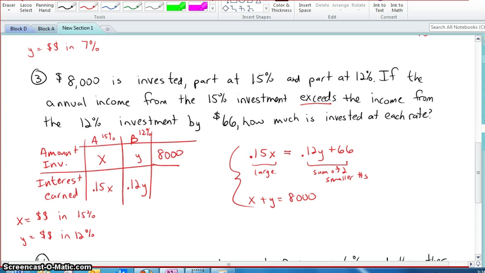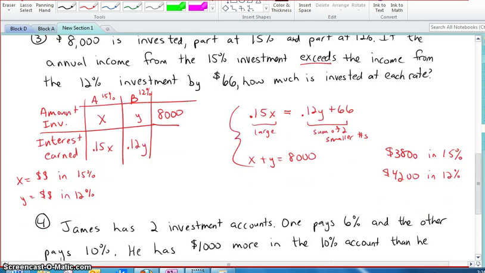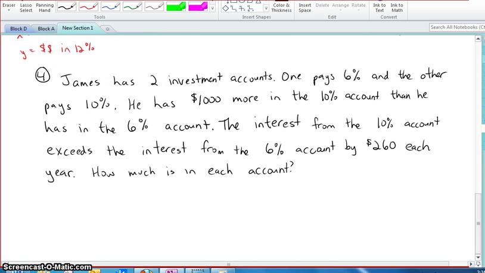Again, I'll let you do the work to solve it, but you should get that $3,800 in the 15% account and $4,200 in the 12% account. Okay, last one. James has 2 investment accounts. Again, take a minute, pause the video, and see if you can come up with the correct answer.